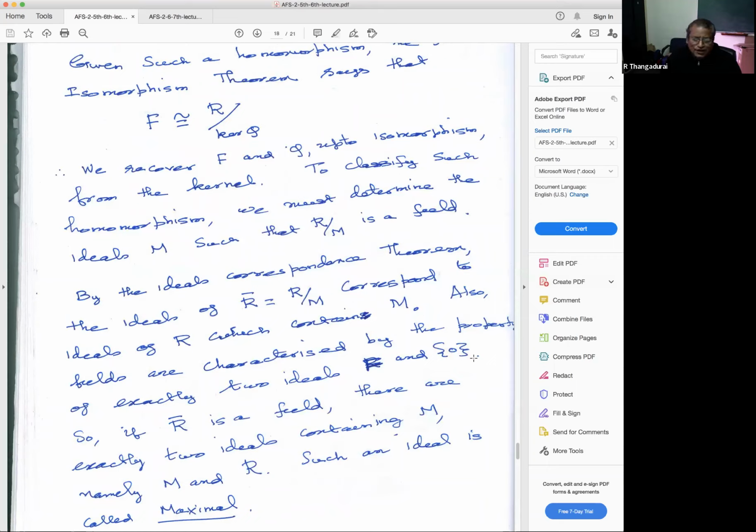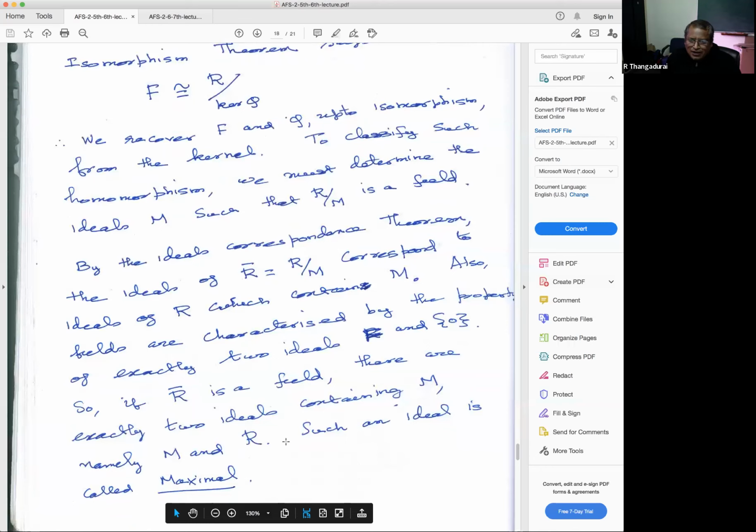So if R bar is a field, there are exactly two ideals containing M, namely M and R. This is through the ideal correspondence theorem.